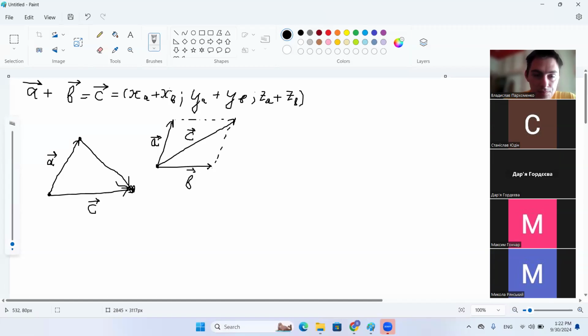And we use the same formulas for subtracting vectors as well. So we just add their coordinates.